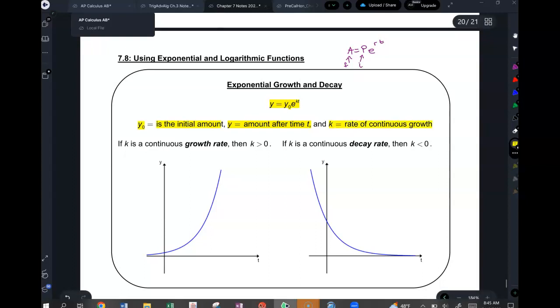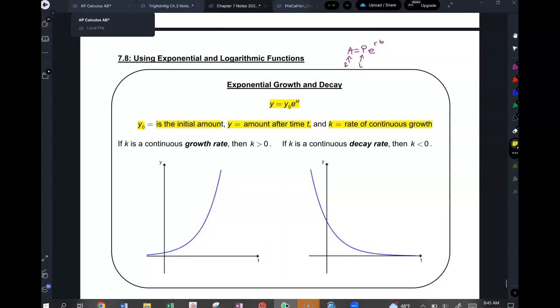K is the rate of continuous growth. So in math, when we have exponential growth, and remember the formula, y equals a times 1 plus r to the power of t, we use r for rate.